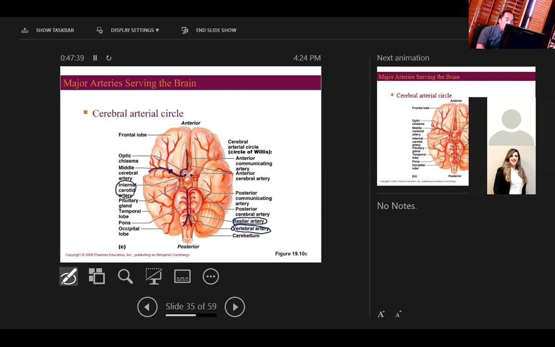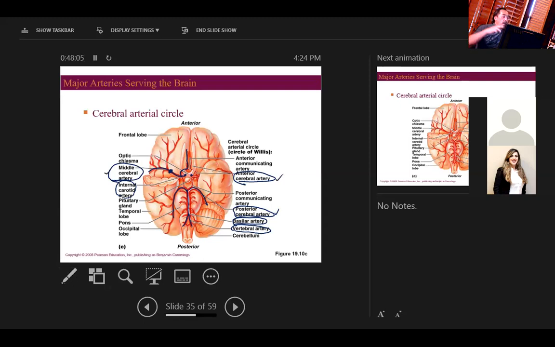And then after that, it actually gives a branch to the occipital part of the brain. Now that branch is going to be the posterior cerebral artery. Okay. So now, what are the branches that give oxygenated blood to the brain? The anterior cerebral, the middle cerebral, and the posterior cerebral.